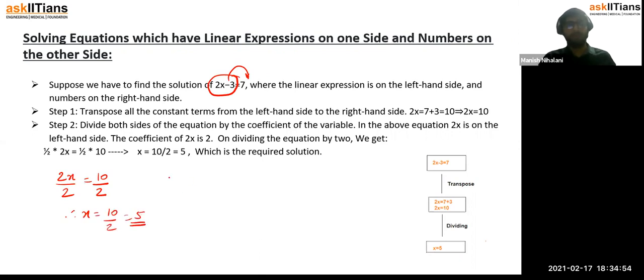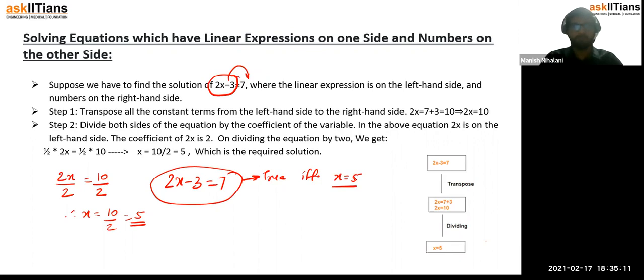This means the equation 2x minus 3 equal to 7 is true if and only if x is equal to 5. So first you have to transpose and then you have to divide. This is how we learn to solve linear equations in one variable.